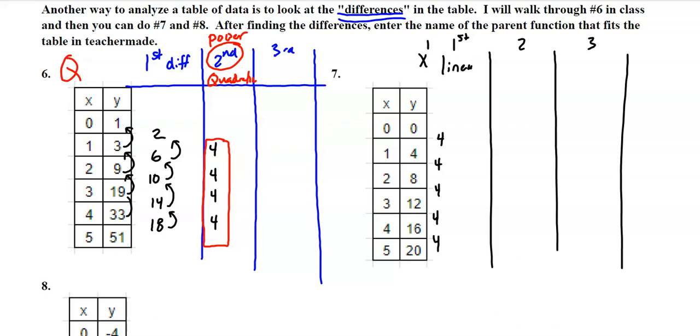This is linear. So I know that this set of numbers is going to form a straight line because it has constant change. And just giving you a little extra insight, it's the slope. This line's going to have a slope of 4. It's changing by 4 every single time x changes by 1. This line didn't happen until the second one.